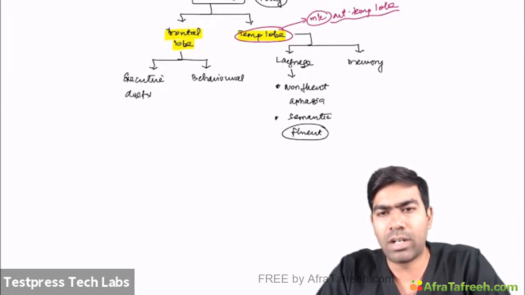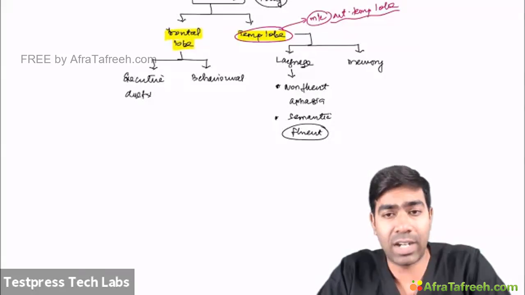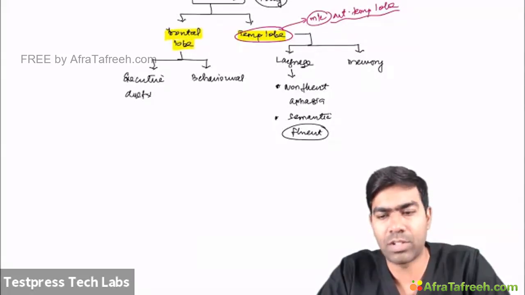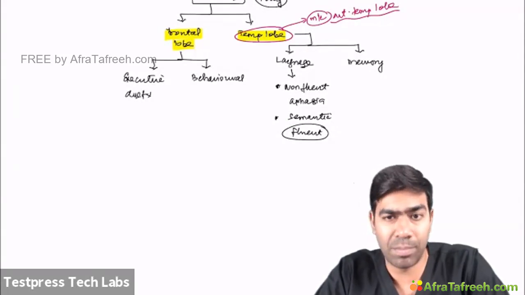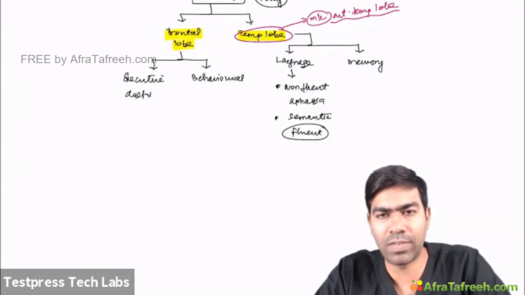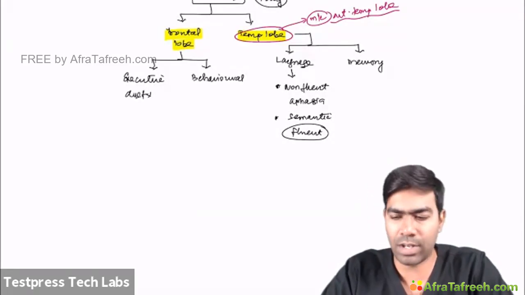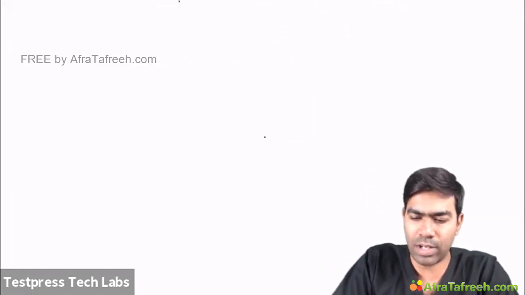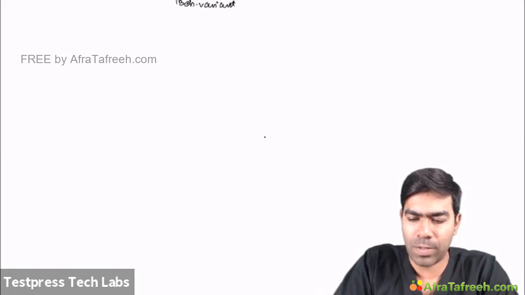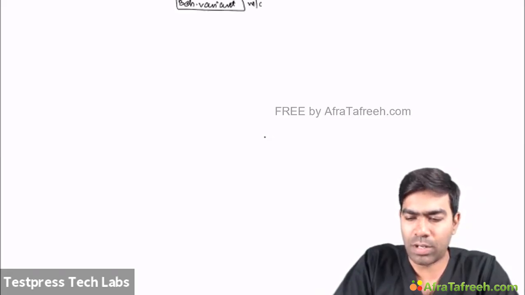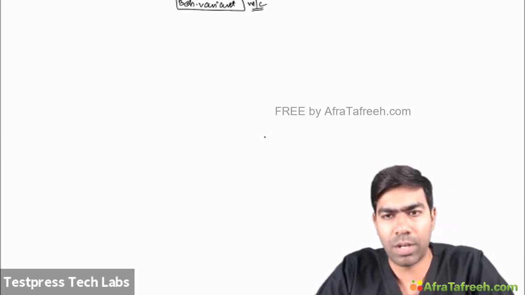Then we also have different types, as I told you, based on which area is predominantly involved, whether the frontal lobe or the temporal lobe. Based on that, we can give different types of frontotemporal dementia. I'm going to start with the behavioral variant. I'll put two variants here. One is the behavioral variant, which is supposed to be the most common variant of frontotemporal neurocognitive disorder.